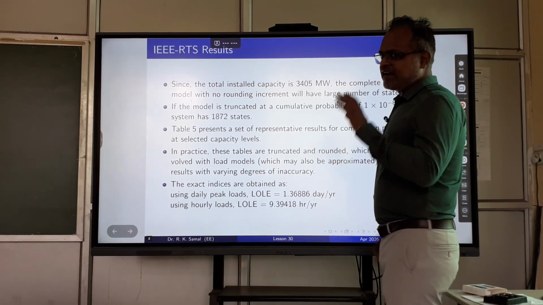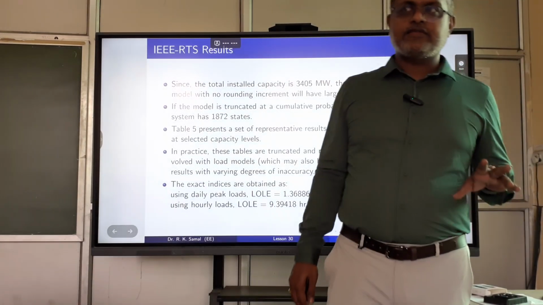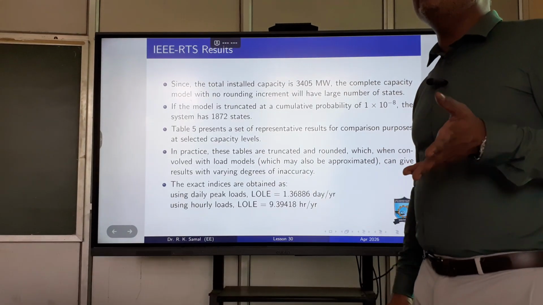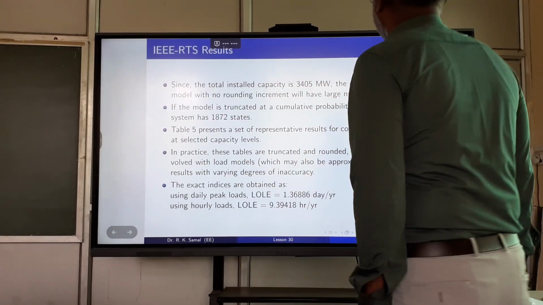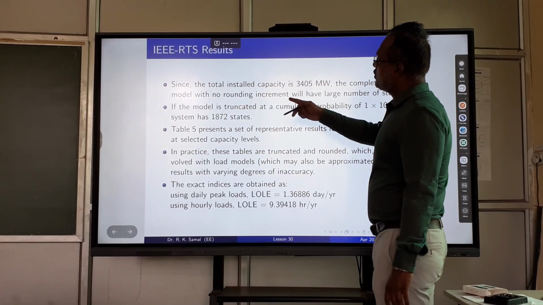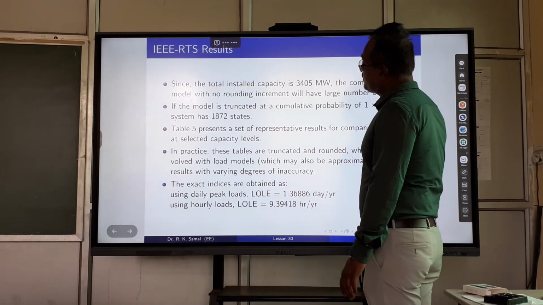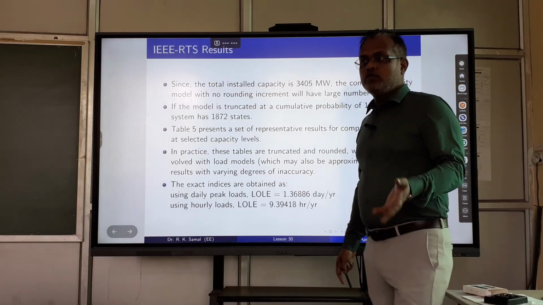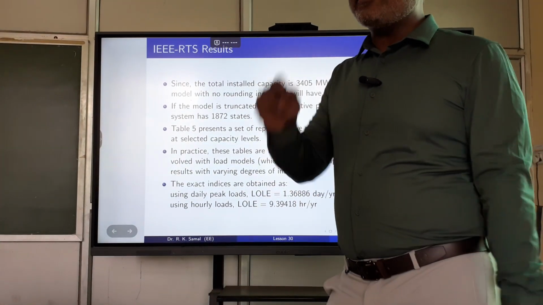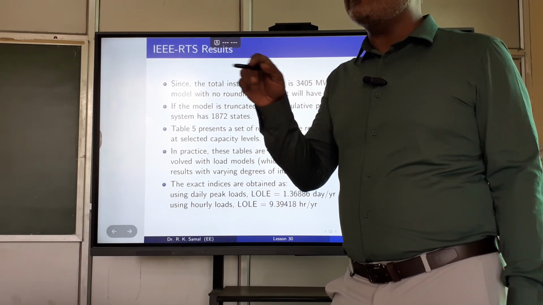These are the standard results of the IEEE RTS. But nowadays people integrate renewables and microgrids. With a total installed capacity of 3405 megawatt, the complete capacity model with no rounding increment has a large number of states. We are familiar with only 2 or 3 generators, where we use 2C3, 3C2, 3C1 like that.